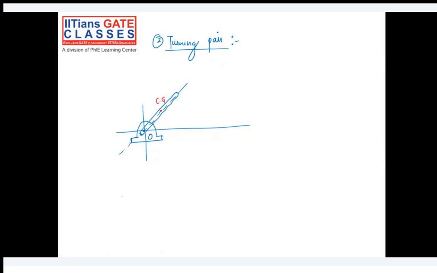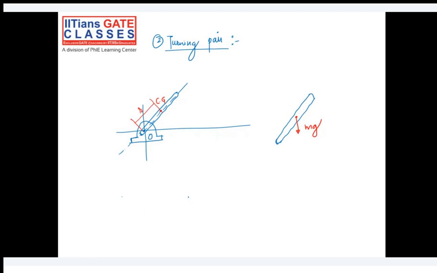So I can say that it is the same as this turning rod, with, let's say, at CG, mass times acceleration due to gravity, mg load, acting downwards. Is it correct? And the CG is at the distance r from the center of rotation.